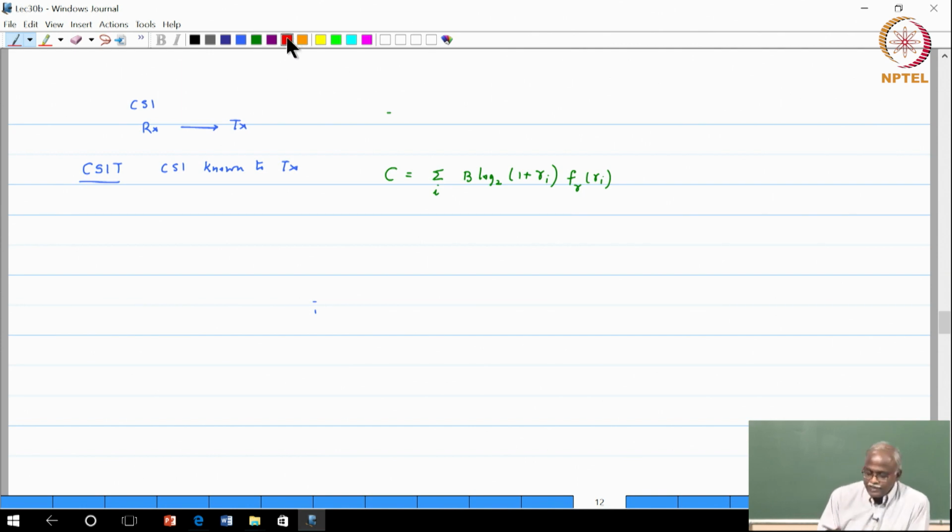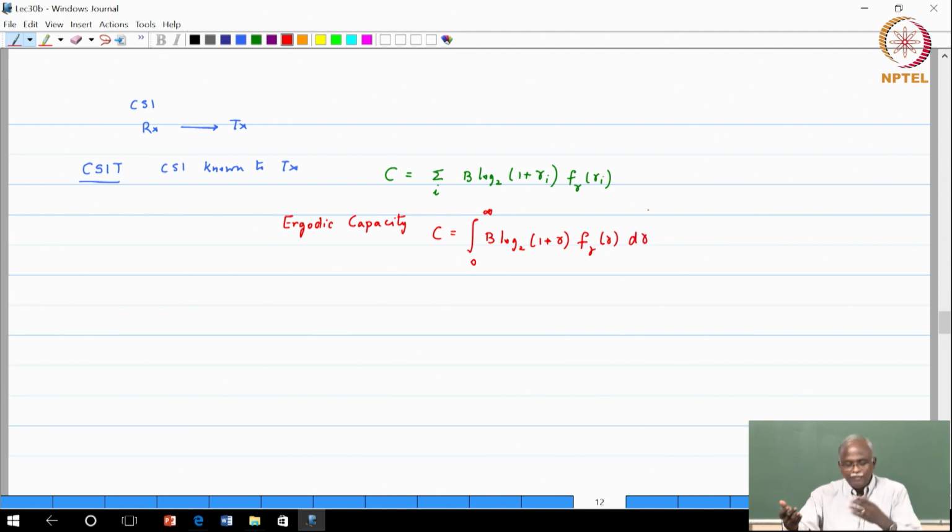Now, in the general case, if you did not quantize this, the SNR is not a discrete random variable but a continuous random variable, not a problem. We can write down the ergodic capacity as an integral. So, the ergodic capacity for a fading channel in which we know the SNR distribution can be given as C equal to the integral from 0 to infinity, SNR goes from 0 to infinity, of B times logarithm base 2 of 1 plus gamma, f gamma of gamma d gamma.